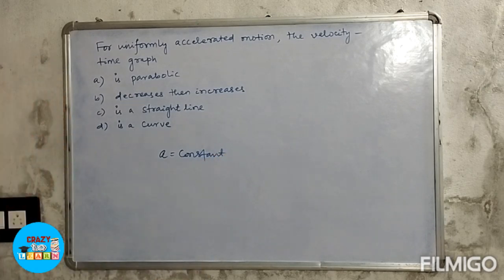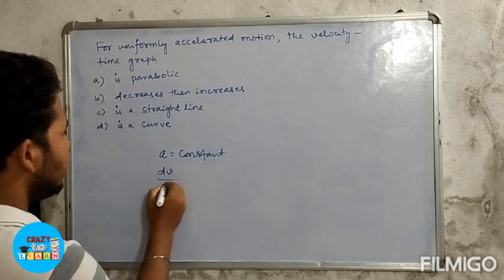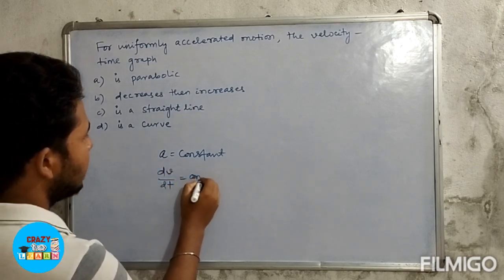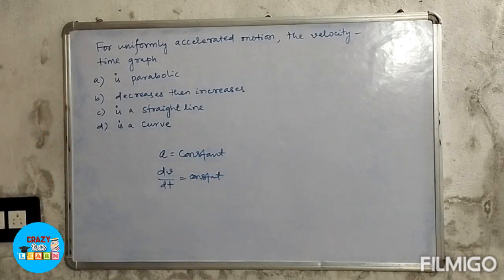Okay, a is constant. So rate of change of velocity, dv by dt, is constant. So change of velocity with time is constant.